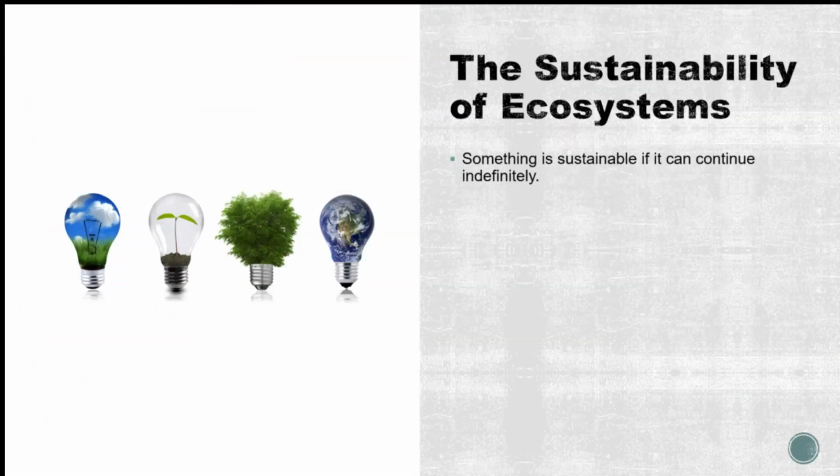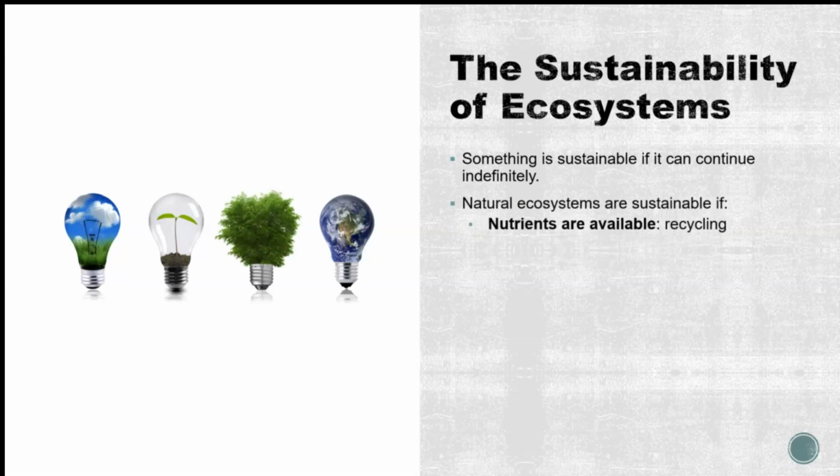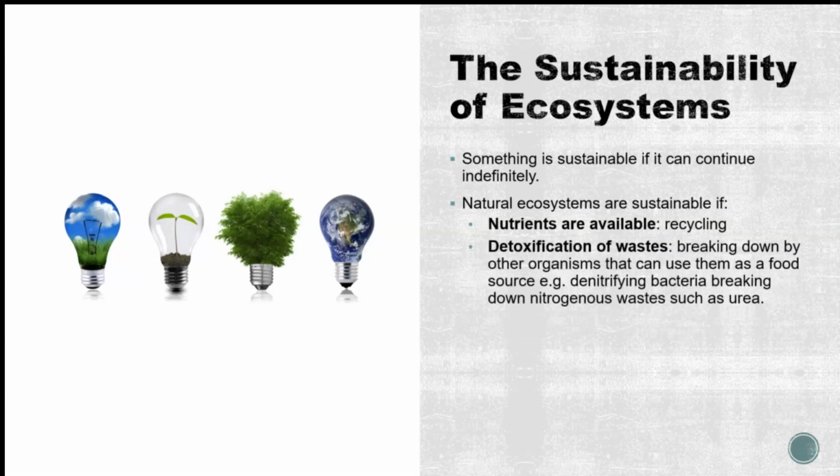Okay, so looking at a bit now about sustainability. Something's sustainable if it can continue indefinitely. Natural ecosystems are sustainable if nutrients are available, so that's that recycling. Detoxification of waste, so breaking down by other organisms, that things that can be used as a food source, denitrifying bacteria using the nitrogenous waste, such as urea.